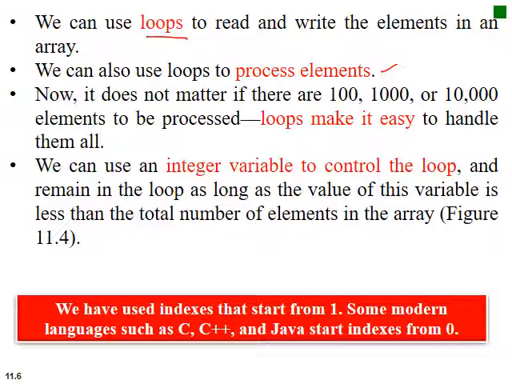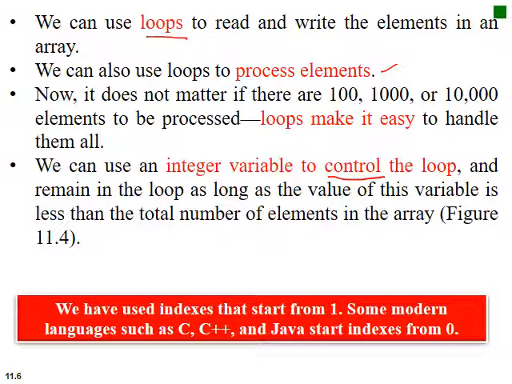So we can use an integer variable to control the loop. Sometimes we call this a control variable, and remain in the loop as long as the value of this variable is less than the total number of elements in the array. And we will see that in figure 11.4.